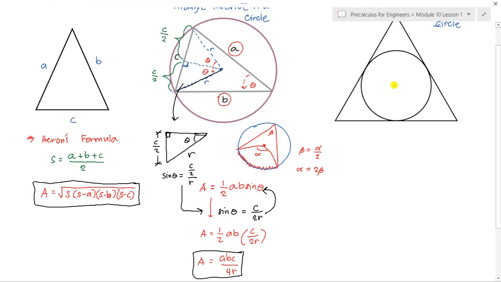So if this is the center, atong projection ari, this is the radius r. Of course, kani nga projection, since the side of this triangle is tangent to the circle, automatic ang projection sa atong radius dira is perpendicular with the side. So here we are given the radius, we're given the three sides A, B, and C.